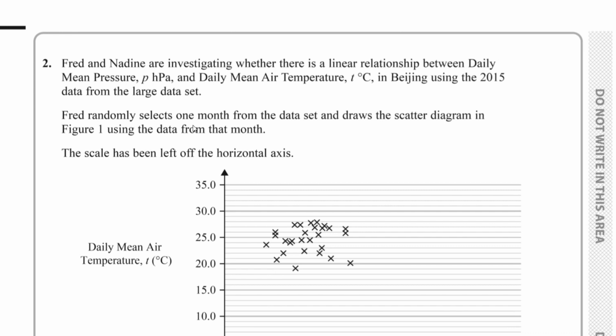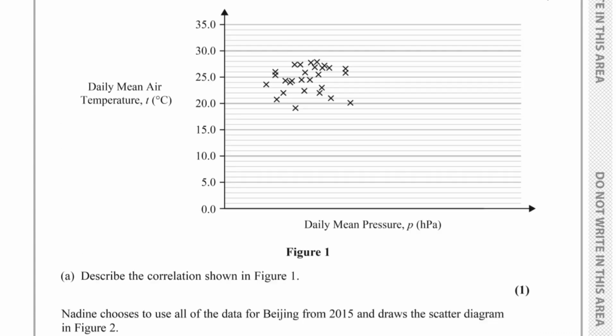Fred randomly selects 1 month from the dataset and draws the scatter diagram in figure 1 using the data from that month. The scale has been left off the horizontal axis. And that's what we see here. We see that the scale is missing from the horizontal axis, which represents the daily mean pressure, and we have along the vertical axis the daily mean air temperature.